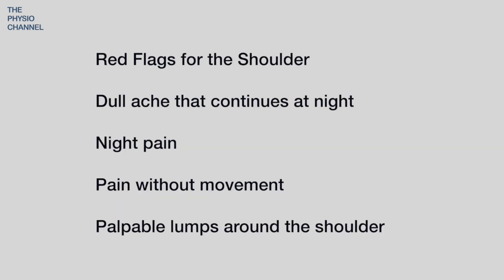Red flags for shoulder pain may include a dull shoulder ache that continues or is worse at night and is not related to movement. Painful lumps in the soft tissue around the shoulder, but also non-painful lumps in the soft tissue around the shoulder, are also potential red flags if you're experiencing ongoing shoulder pain.